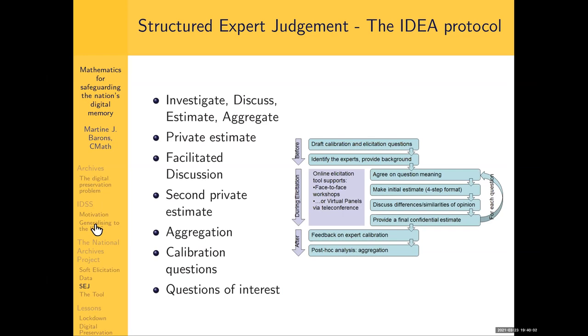Having got these estimates, we then aggregate or average the results together. There are also calibration questions. Calibration questions are questions which are as close as possible to the questions of interest, but we do know the answers to those.